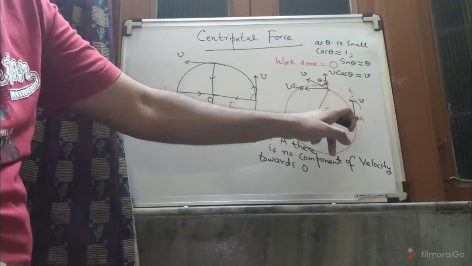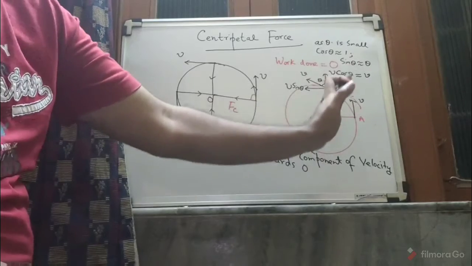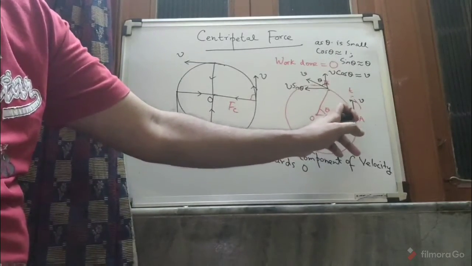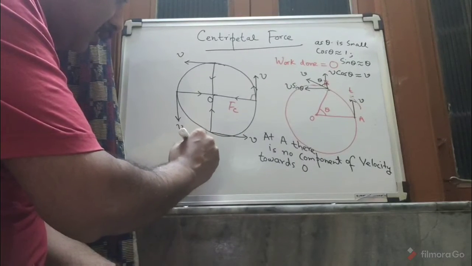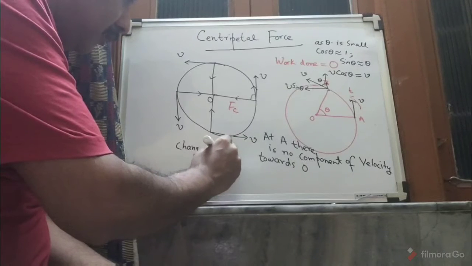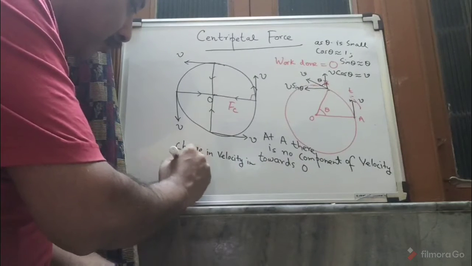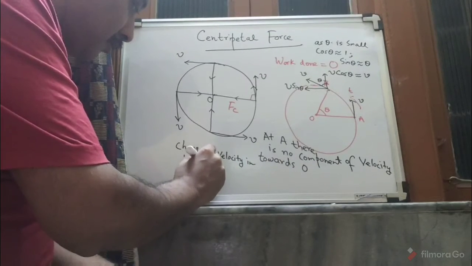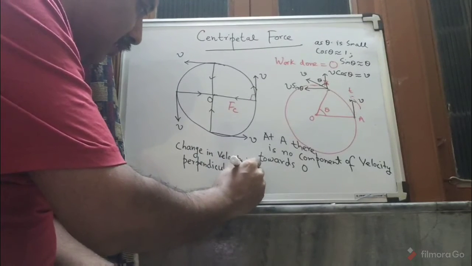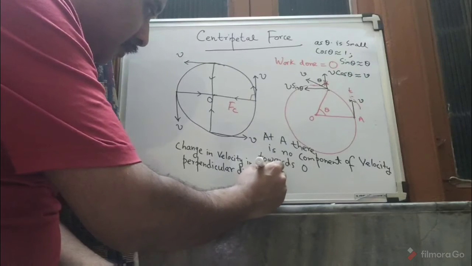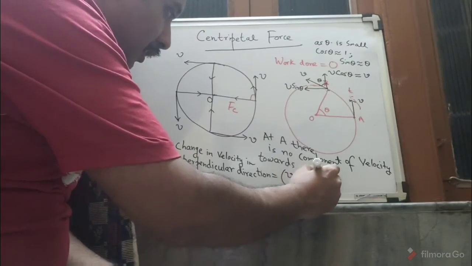So whenever you go from A position to B position, the change in velocity in the perpendicular direction is v minus v, which equals 0.